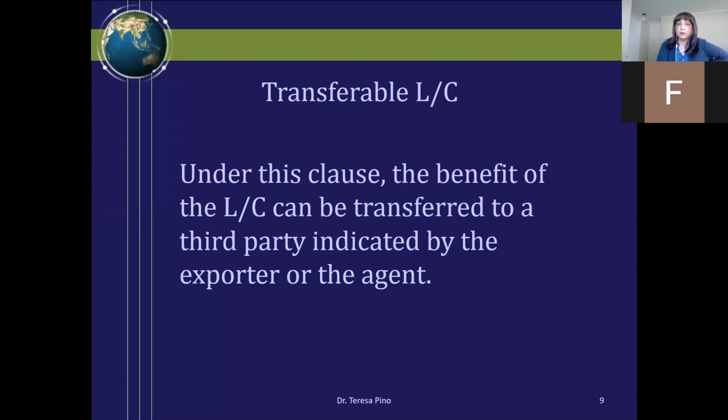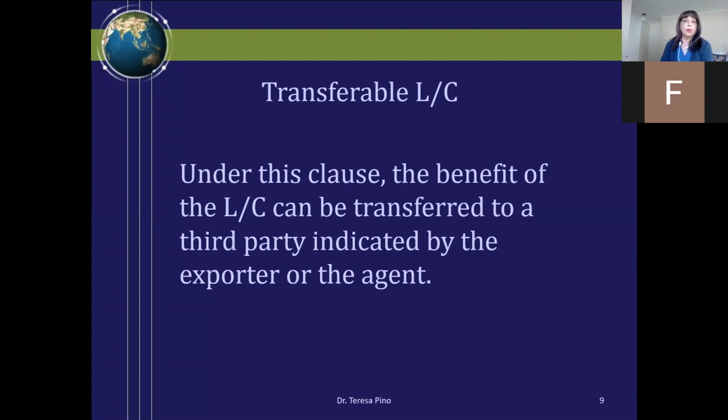And then we have transferable. So we have transferable and untransferable. It's always going to be one or the other. So far we have an irrevocable, transferable, or untransferable letter of credit. What makes it transferable? It means that the exporter may decide to transfer part of the benefit, part of the payment, to somebody else.